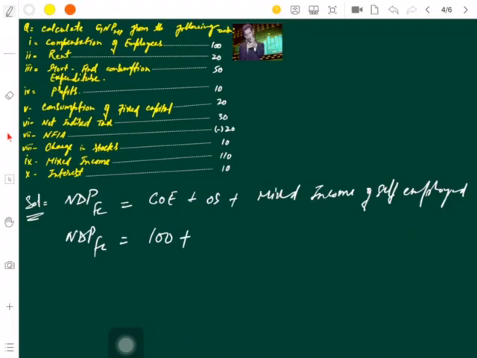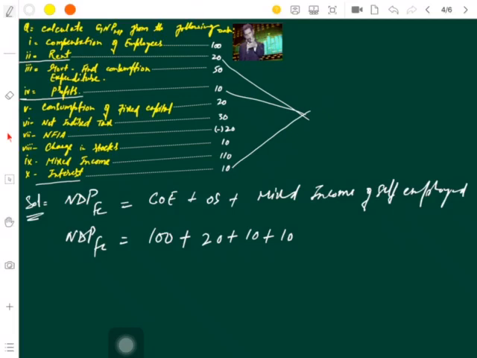What is the operating surplus? Is it given? Yes, it is given, but it is given in a few parts. So let us club them. That is equal to 20 plus 10 plus 10. So here you can see rent, profit, and interest.